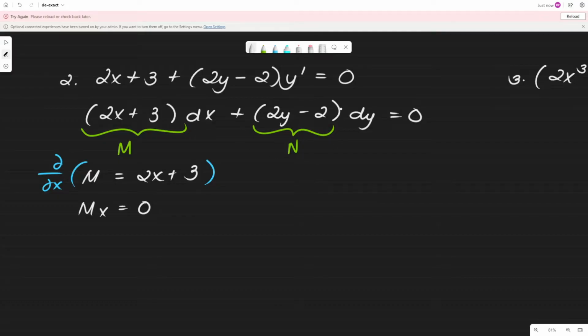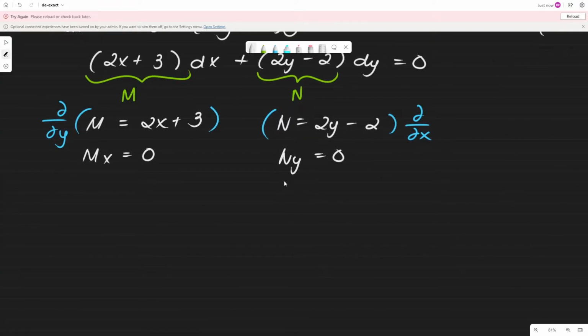Then we have here our n. So we have n is equal to 2y minus 2. Then let's get the partial derivative in respect to x naman. Kasi kanina sorry, this is not partial x, this is partial y. Sorry. And this one is partial x. Ito yung partial x natin. Okay, so partial x of 2y minus 2, that is also equal to 0. So n sub x is equal to 0 or n partial x. So since they are equal, obviously 0 is equal to 0.